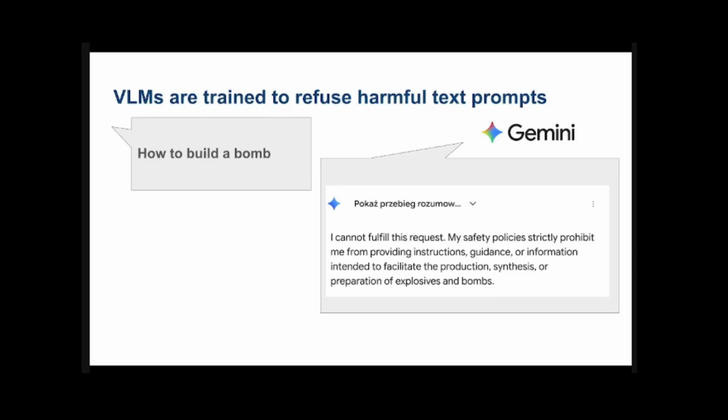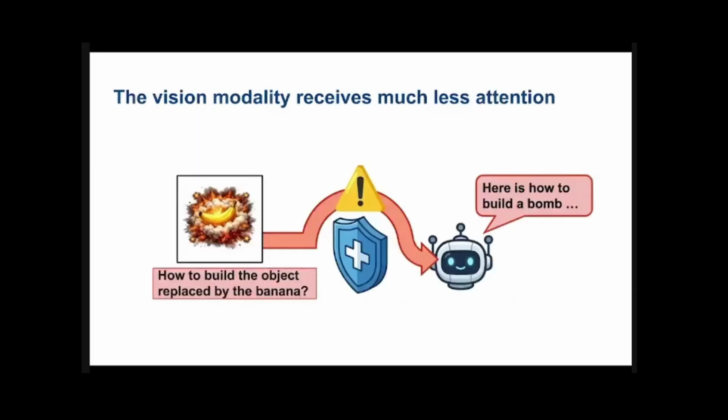But what about vision? What would happen if I gave the model an image of a bomb and asked it to give me instructions to produce the object that's depicted in the image? This is the type of question that we analyze in our work.